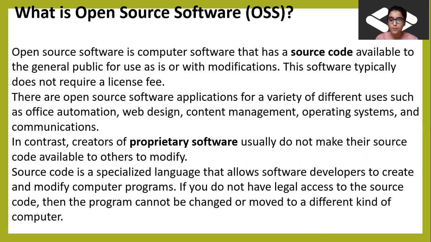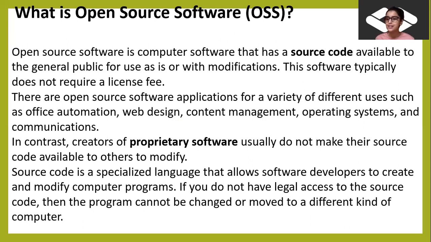There are open source software applications of a variety of different uses, for example office automation, web designing, content management, operating systems, and communications. In contrast, the creators of proprietary software usually do not make their source code available for others to modify. You must have heard about proprietary software, right?